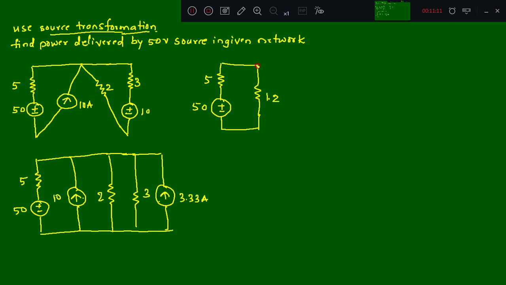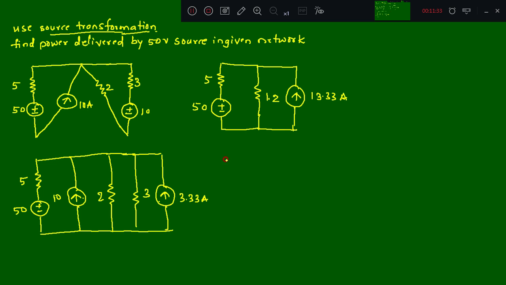One more is a current source with the addition of these two in the upward direction, that is 13.33 amperes, right? Further, they have asked the power delivered by 50 volts. So this part we should not touch, right? I'll redraw the circuit again here.